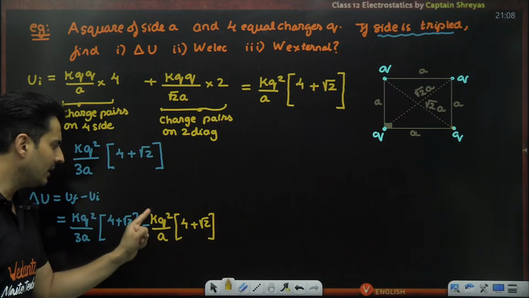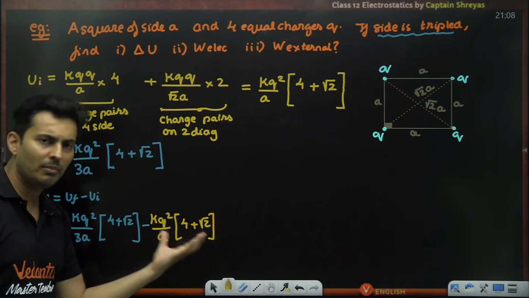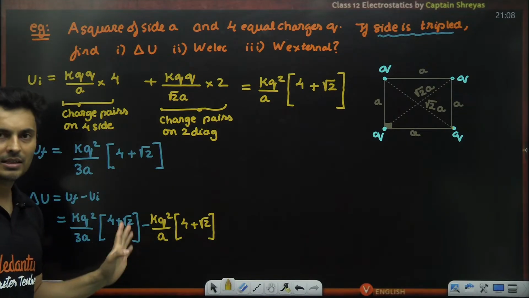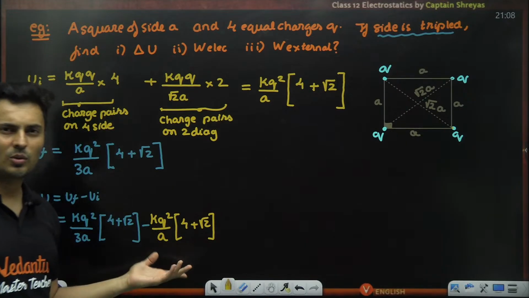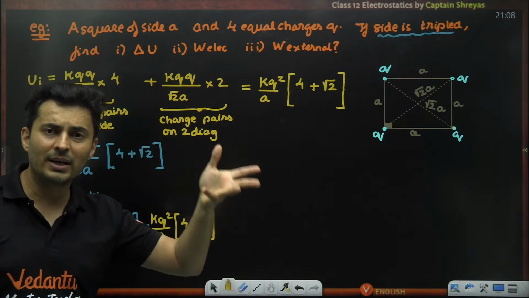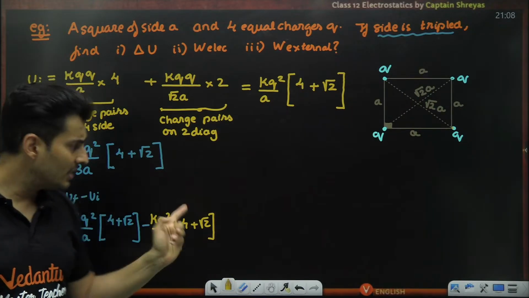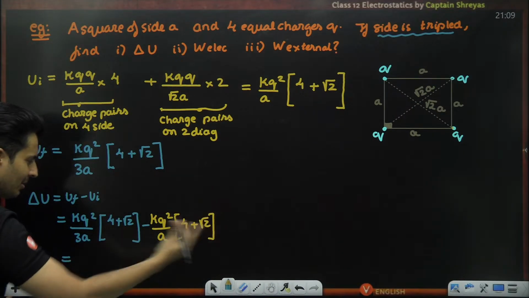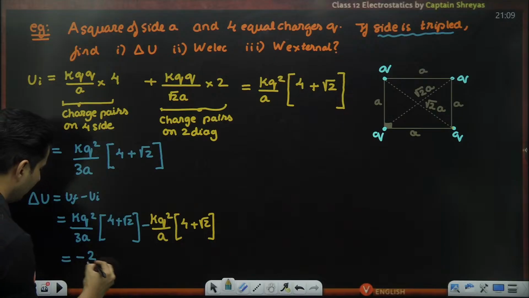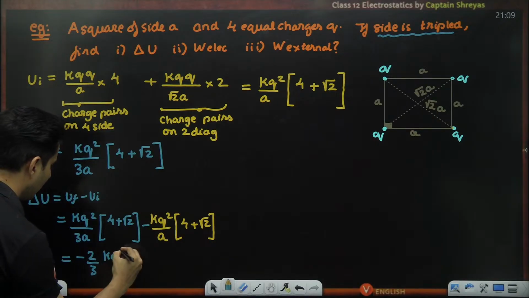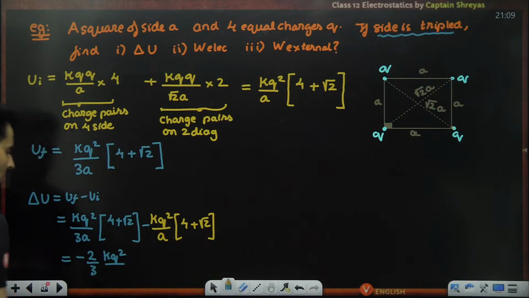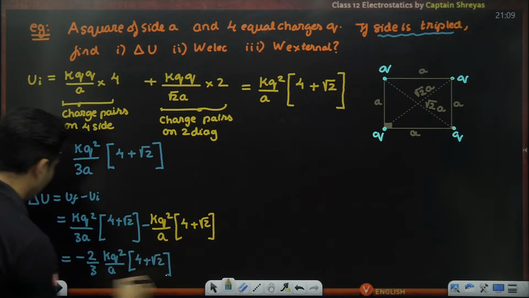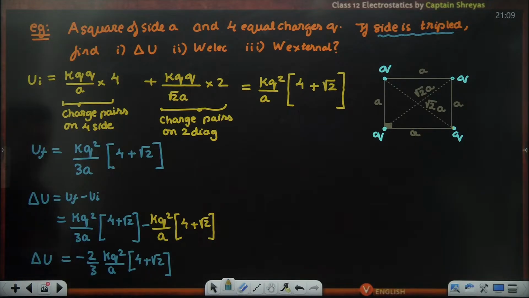If you assume KQ square by A times the bracket as some x, this is x by 3 minus x, that's all. So 1 by 3 minus 1 will be negative 2 by 3. So this answer, without opening the brackets, which is not needed, will be negative 2 by 3 times KQ square by A, times 4 plus root 2. So that is your change in the potential energy.